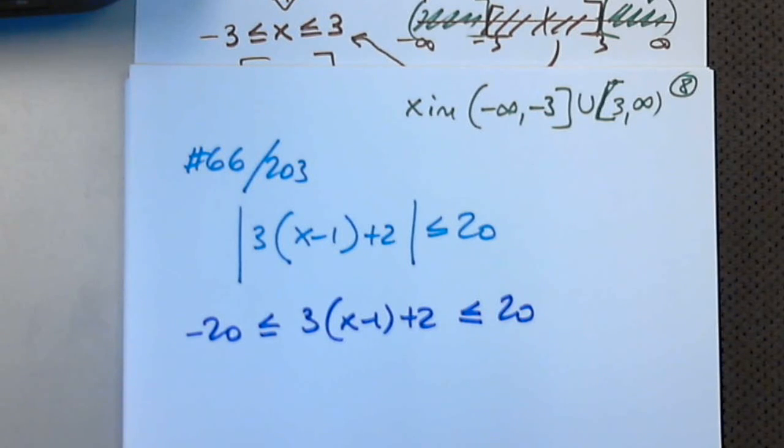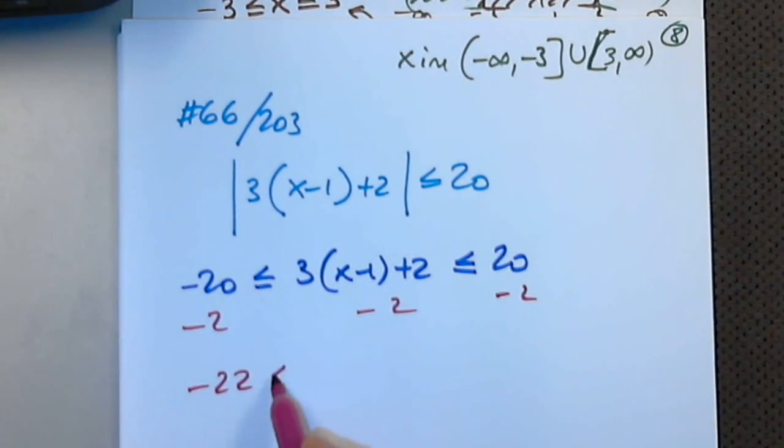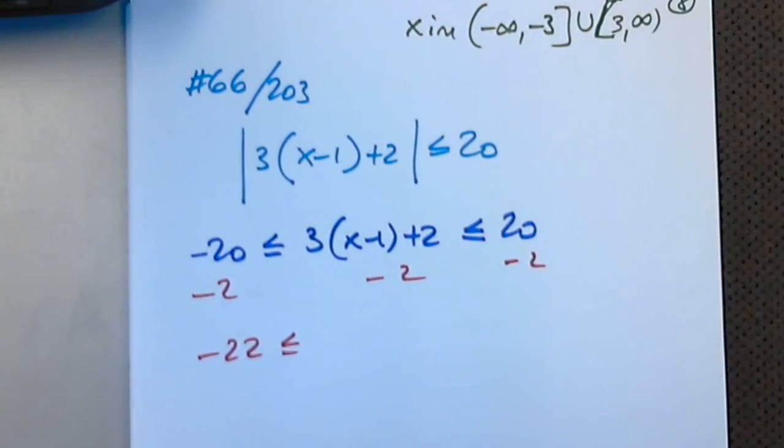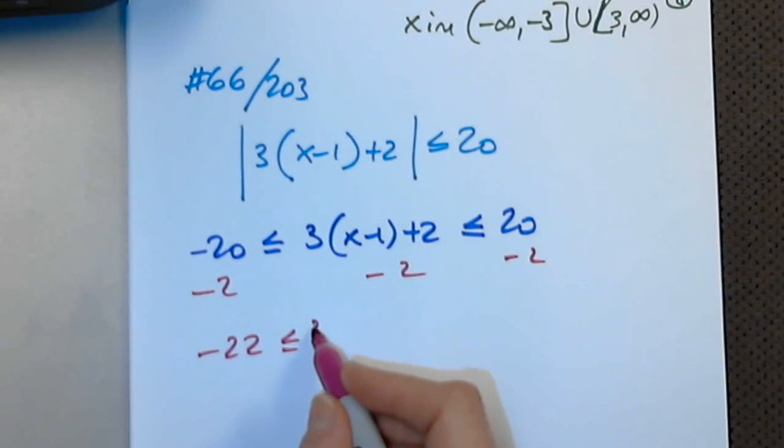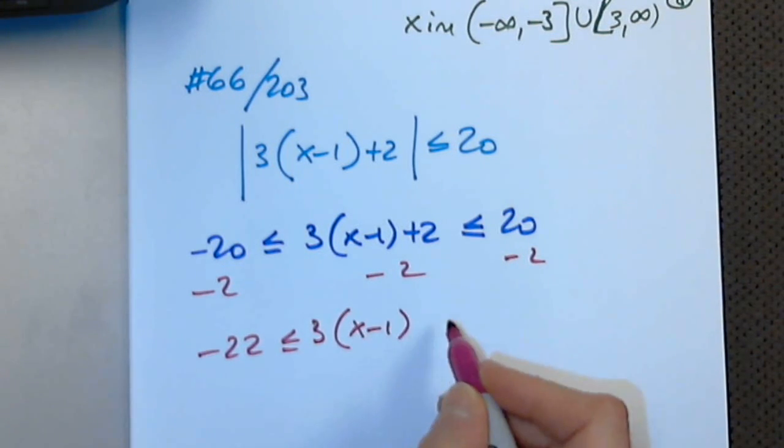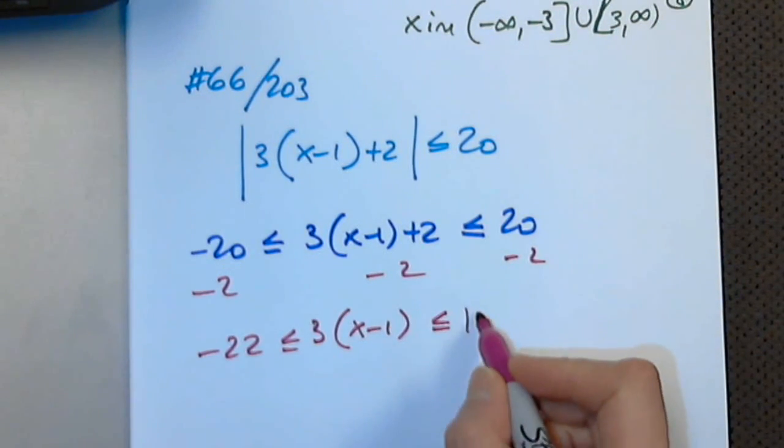You start by taking the 2 out. Okay, 2 on both sides. So minus 2, minus 2, minus 2. So negative 22 less than or equal to 3, open parentheses, x minus 1, less than or equal to 18. Perfect.